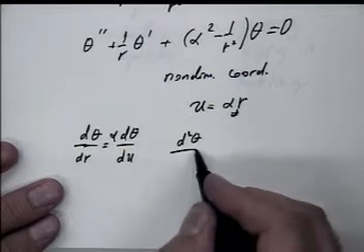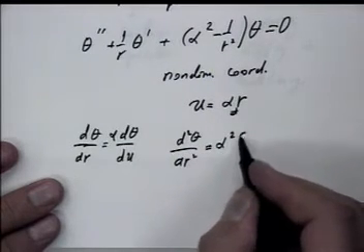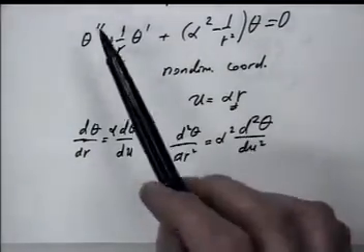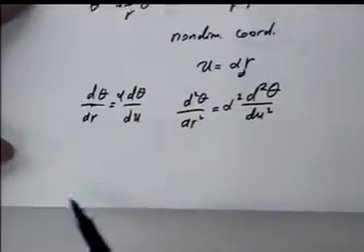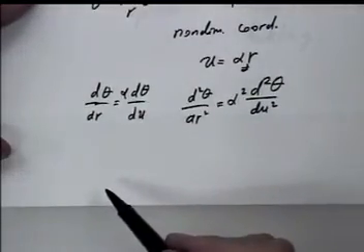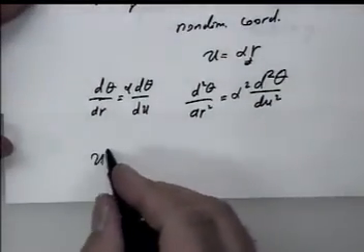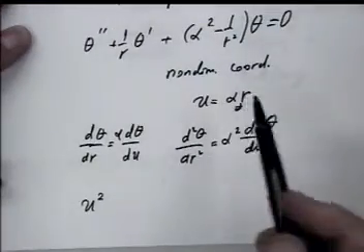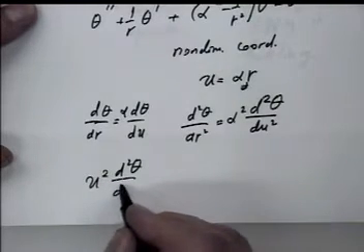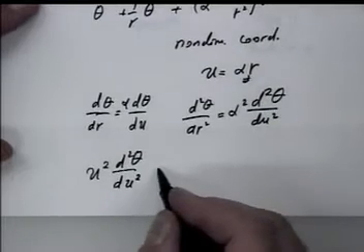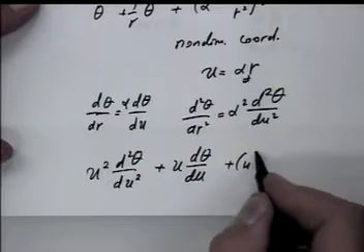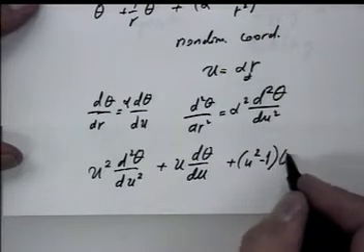Therefore, d2 theta dr squared equals alpha squared d2 theta over du squared. So alpha squared is coming here, and then we divide by alpha squared. So we have u squared d2 theta du squared plus u d theta du plus u squared minus 1 theta equals 0.